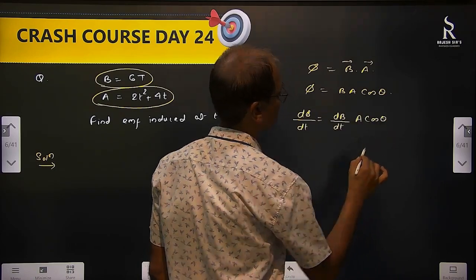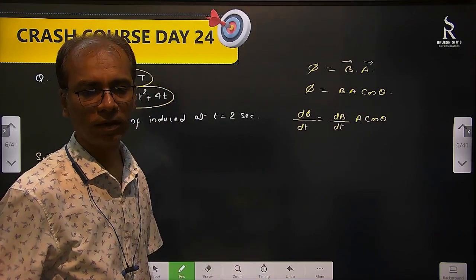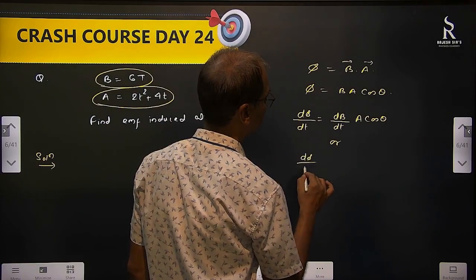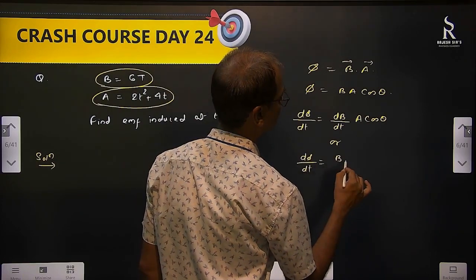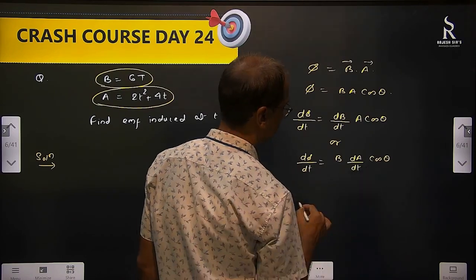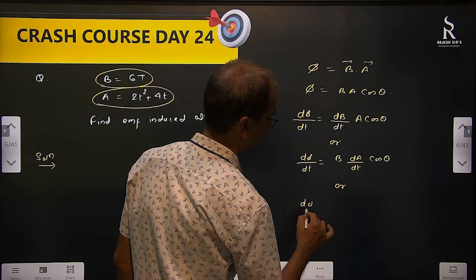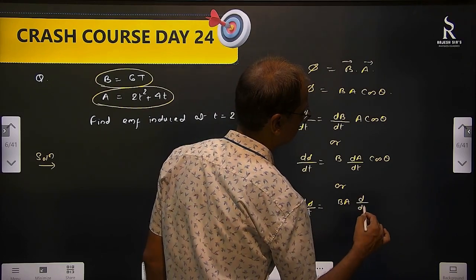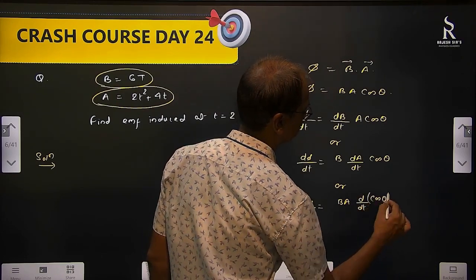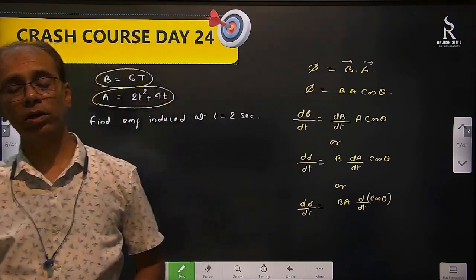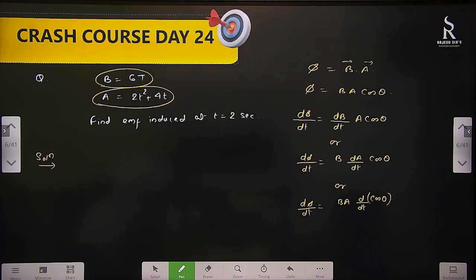Or we can get d phi by dt even if only the area is changing, dA by dt into cos theta, or we can get EMF when only theta is changing, d by dt of cos theta. So if you change any of the three factors, the magnetic field, the area, or theta, in all three cases we get a change in flux.